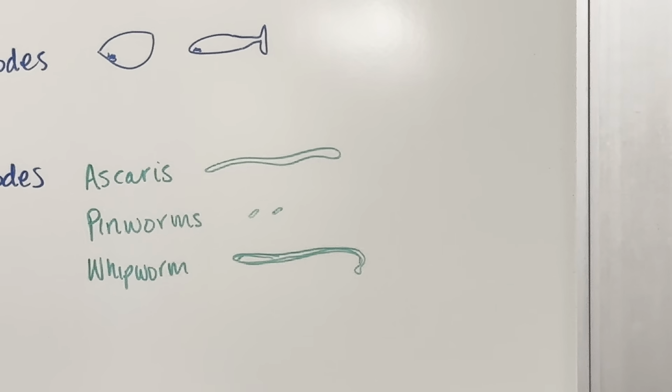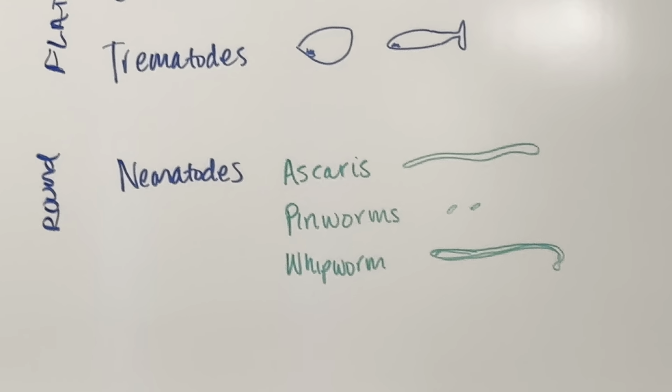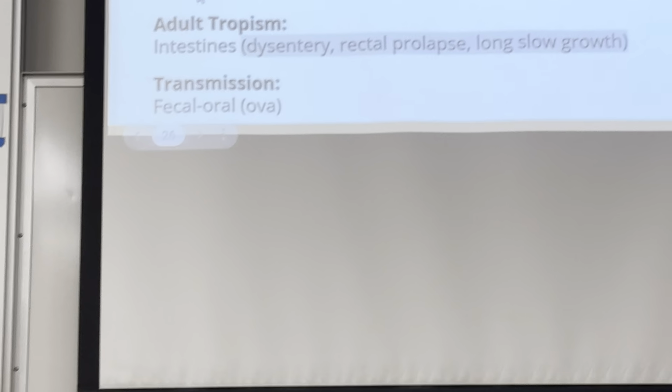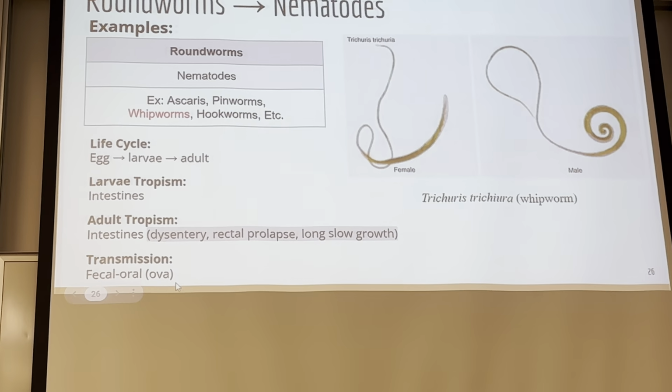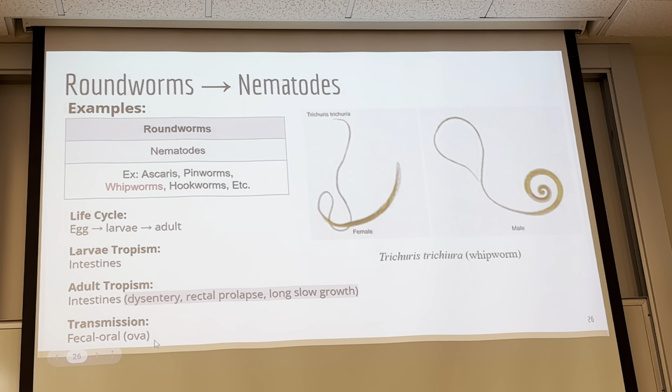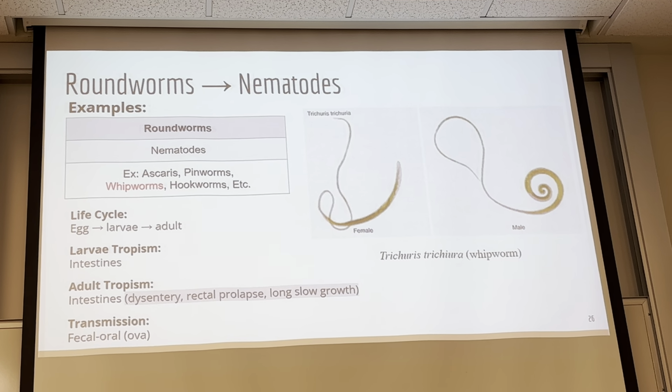They live in the intestines, fecal oral. So these are primarily fecal oral and not burrowing. But they'll attach to the intestinal wall, so they can cause dysentery because it's breaking down the intestinal wall as they're living in it.